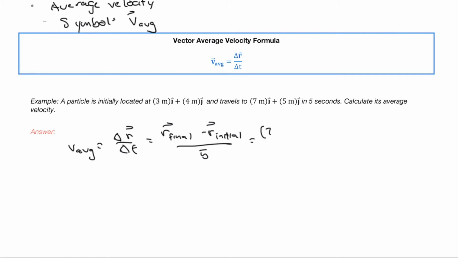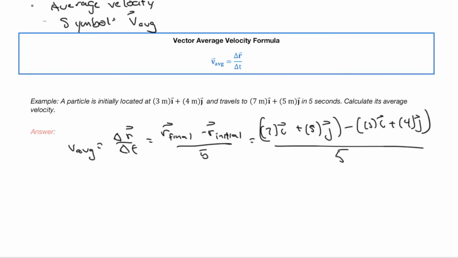Now if we plug in our final position, 7i plus 5j, and we subtract off the initial position, 3i plus 4j, well, in the end, subtracting is nothing but working component-wise with subtraction. And so what we do is we subtract off 7 minus 3 to find our x component, and 5 minus 4 to find our y component.